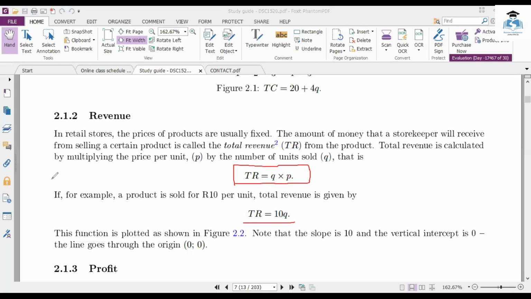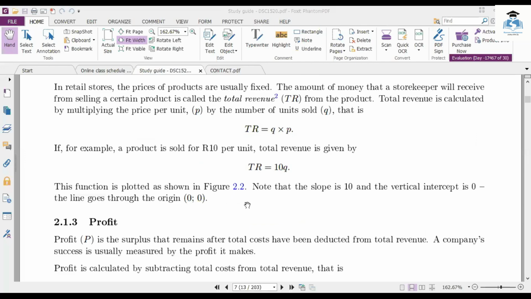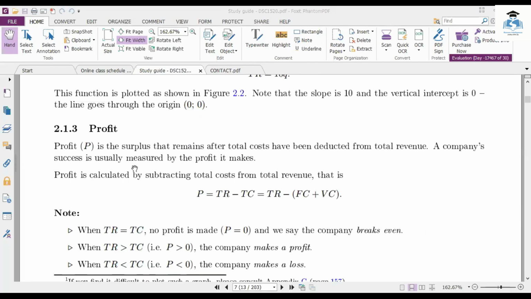All right, so now let's go on. We now know the formula for calculating the total cost and also the total revenue. But if you want to find the profit, it's simply this formula.